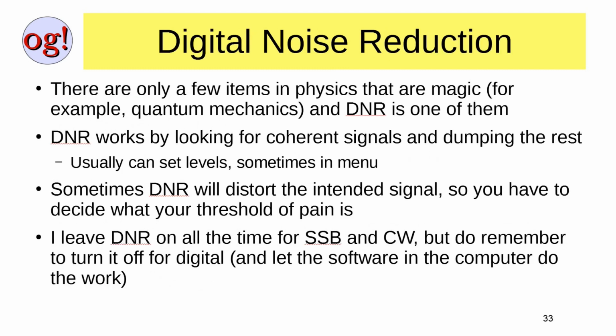Now, I've often said there are only a few items in physics that are magic. One of them is quantum mechanics. But another one is digital noise reduction. Digital noise reduction works by looking for coherent signals and dumping the rest. If you've ever in your mathematics done an autocorrelation function, you know what I'm talking about.